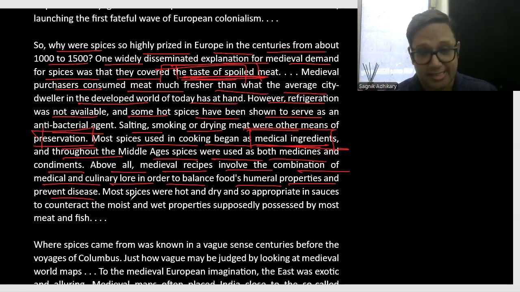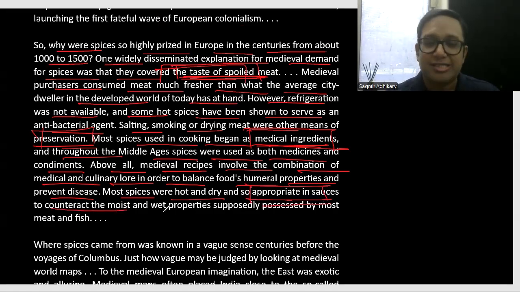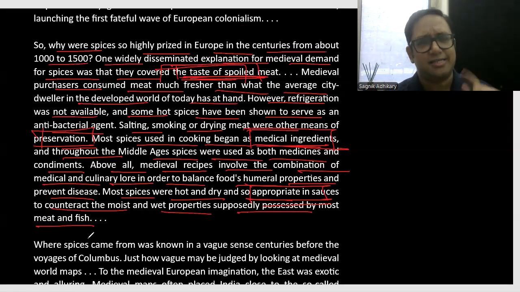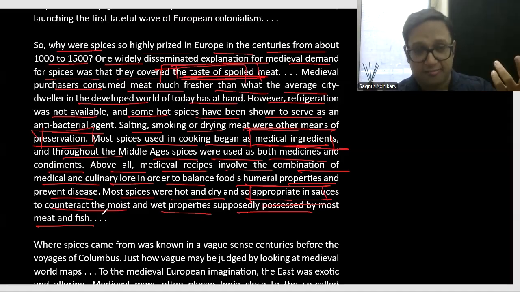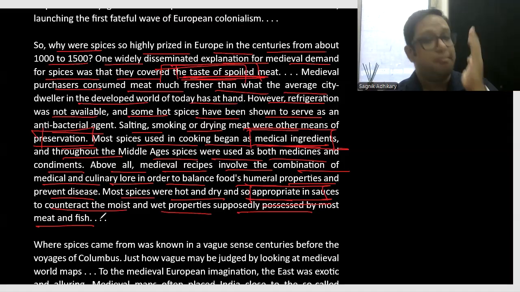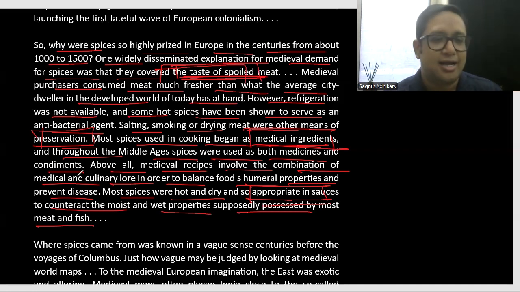properties and prevent disease. So one final aspect at the end, most spices were hot and dry and so appropriate in sauces to counteract the moist and wet properties supposedly possessed by most meat and fish. So you see the last factor is there was a taste aspect. Yes, covering the taste of spoiled meat, preserving meat from getting spoiled, medical applications for treating illnesses, or preventing disease at the very least.